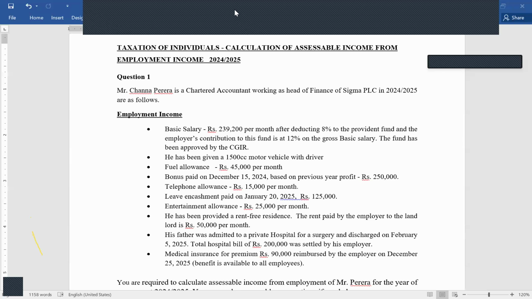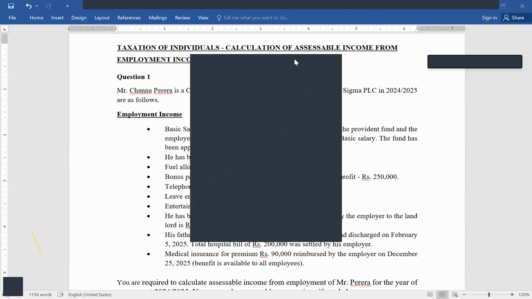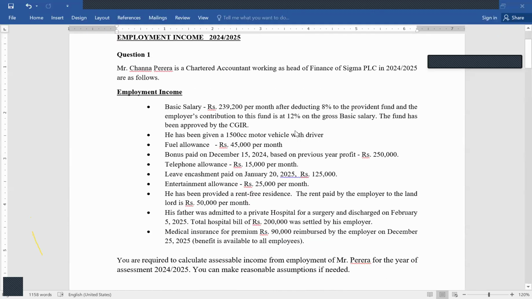Yes, liable. So the total amount is liable. The term allowance means we are receiving it in cash. So because of that, all allowances are liable.